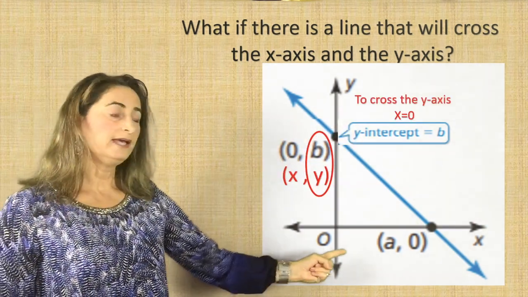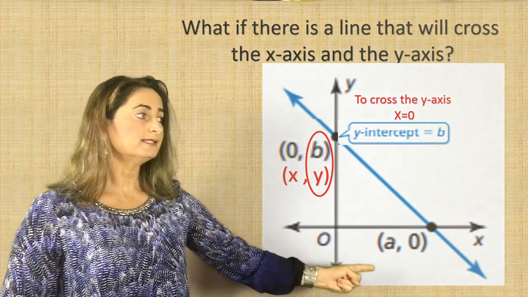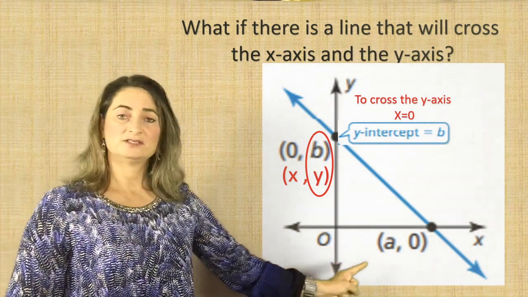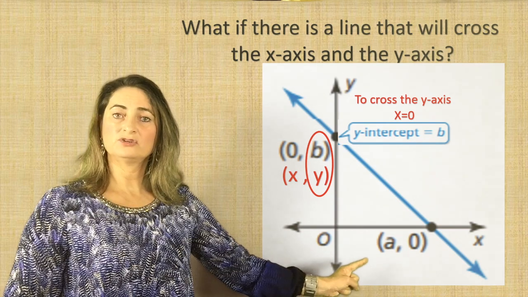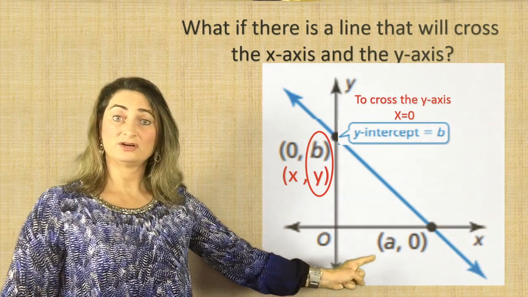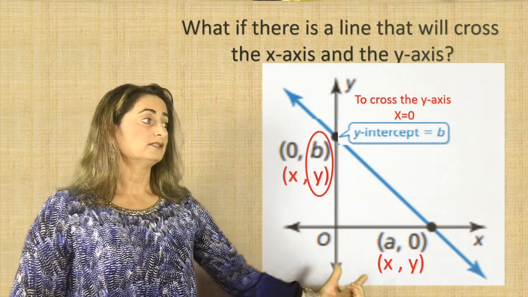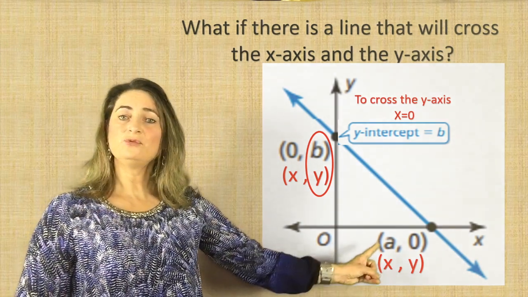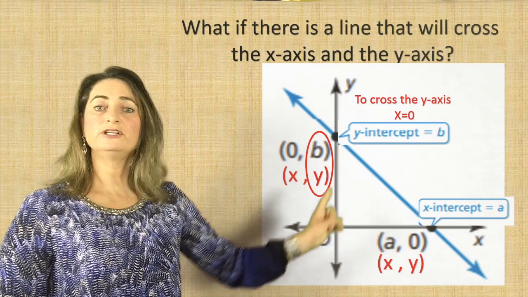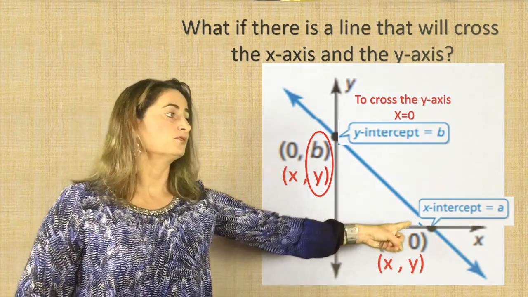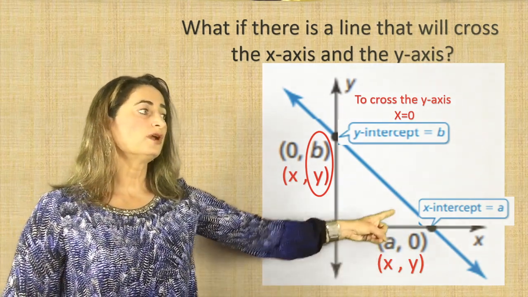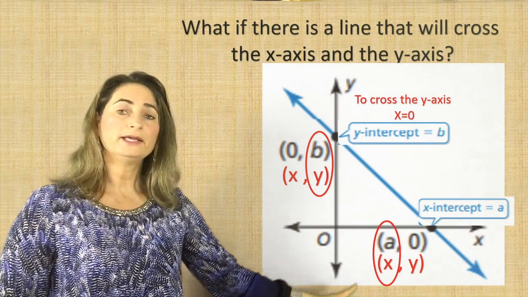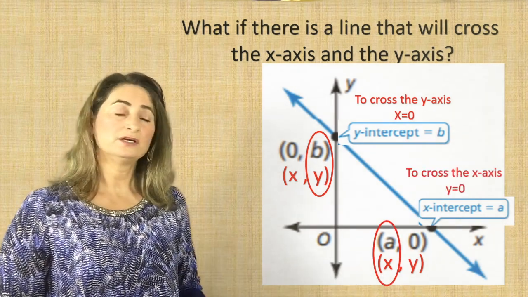Now look at the x-axis. It crosses the x-axis at a, 0. If that's a coordinate of x and y, a is the x and y has to be 0 for it to cross the x-axis. So this is called the x-intercept. To cross the x-axis, y this time has to be 0.